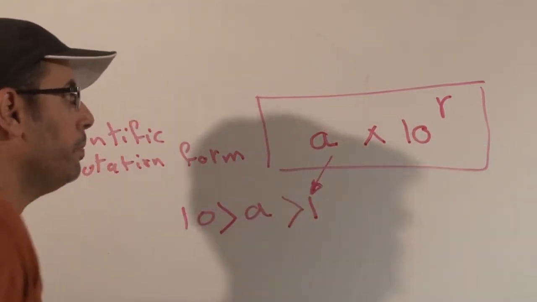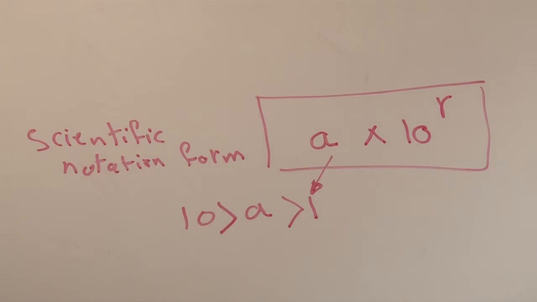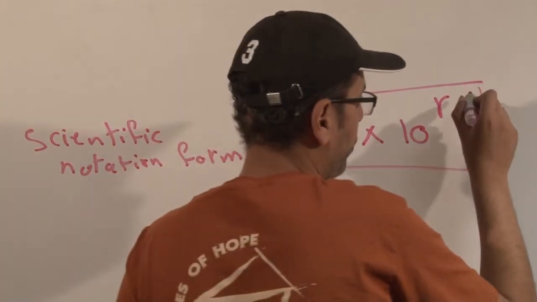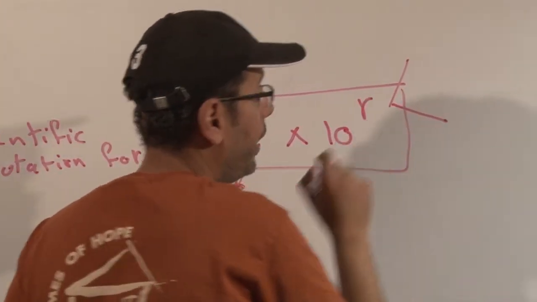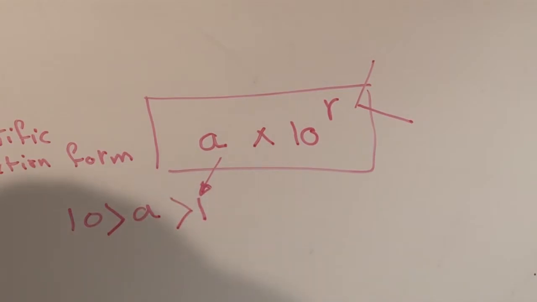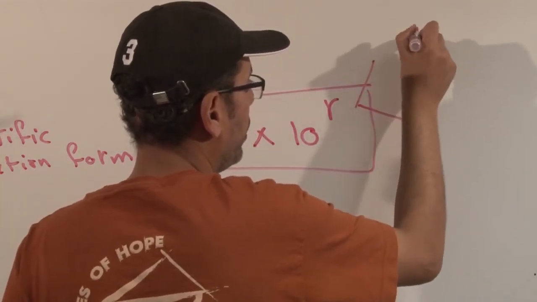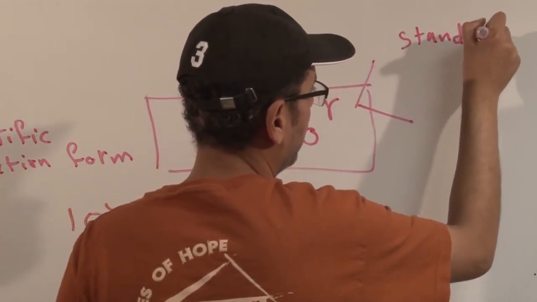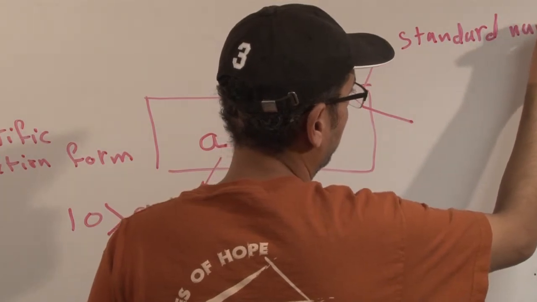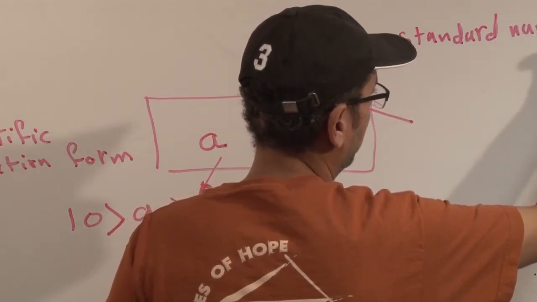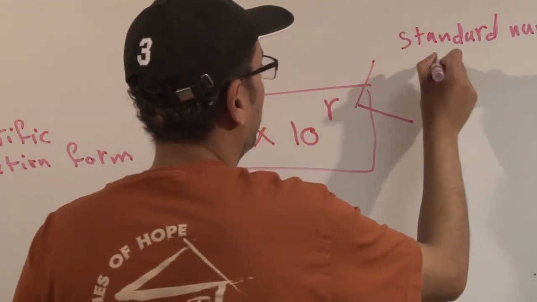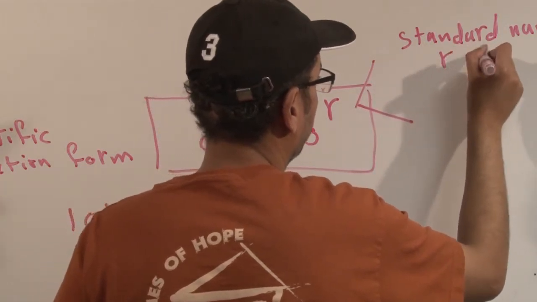What about R? I have two conditions for that one. If the standard number is less than 1, R is negative.